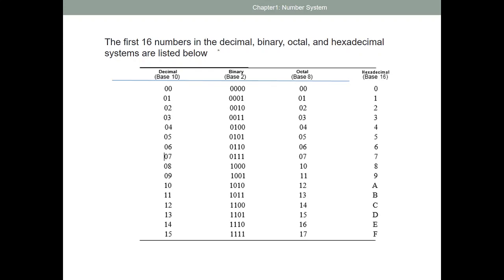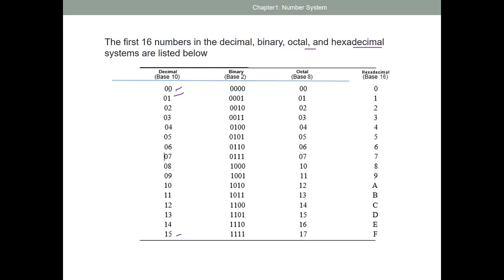The first 16 numbers of the decimal, binary, octal, and hexadecimal systems. Decimal we know: 0, 1, 2, 3, 4, 5, 6, 7, and it goes up to 15. Next, binary.